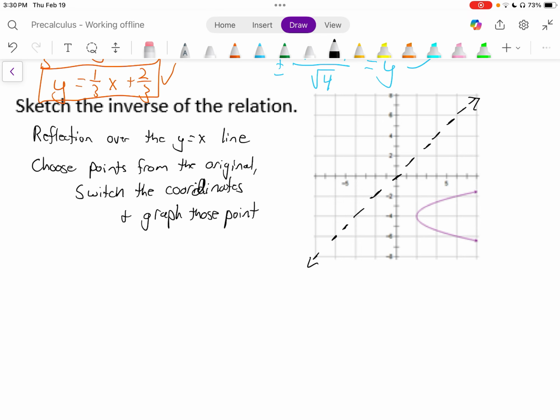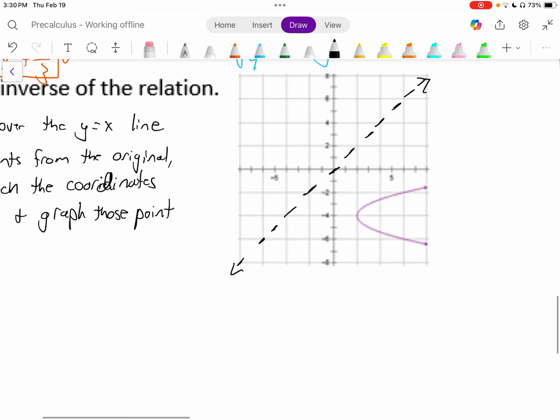All right, so here we have the point 2, -4. We want to switch it, and we want the point -4, 2.